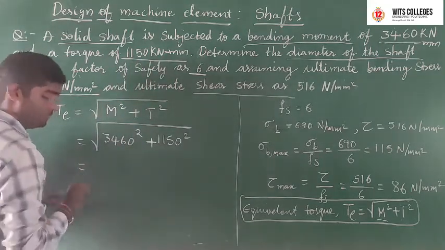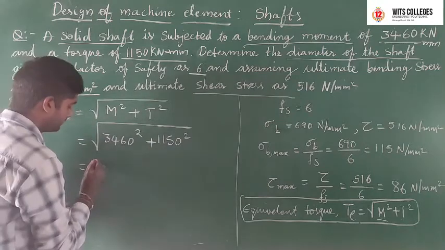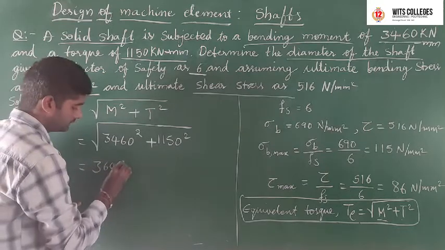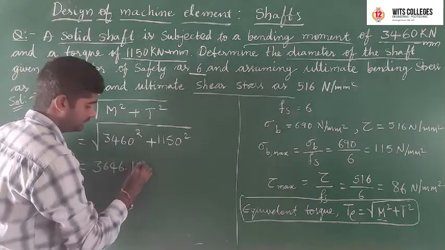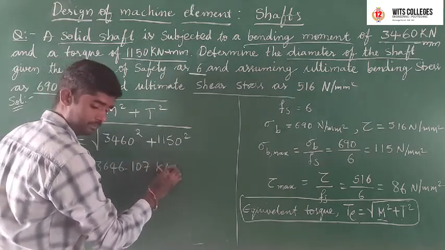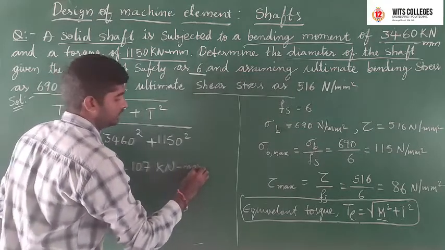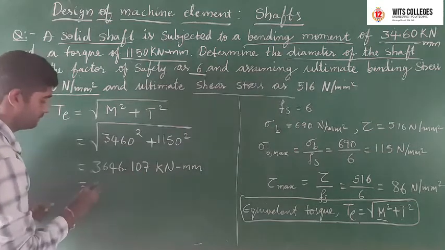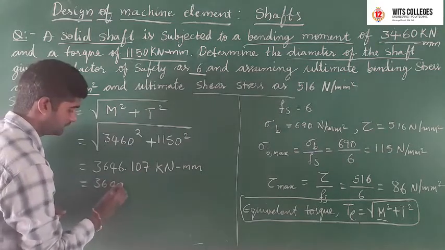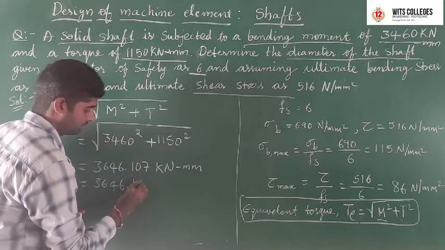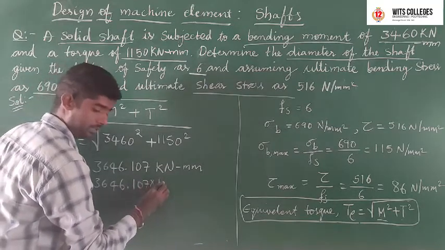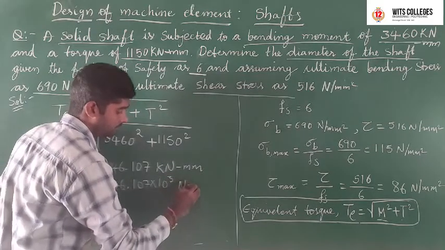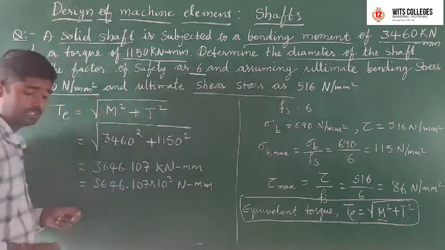Then the equivalent torque is 3646.107 kilonewton mm. Convert to Newton mm: 3646.107 into 10 cube Newton mm.